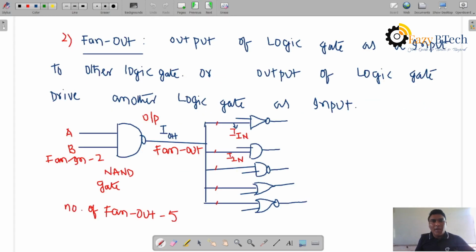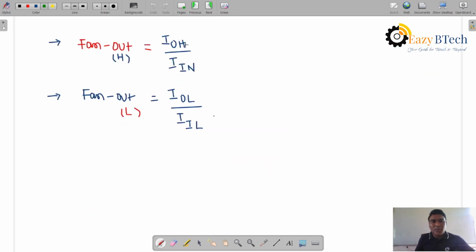And the fan out of this NAND gate means its output can drive as input to other logic gates, so here 1, 2, 3, 4, 5, as many as we can use. The fan out depends on the current ratio: for high output, high output current to high input current; for low output, low output current to low input current.